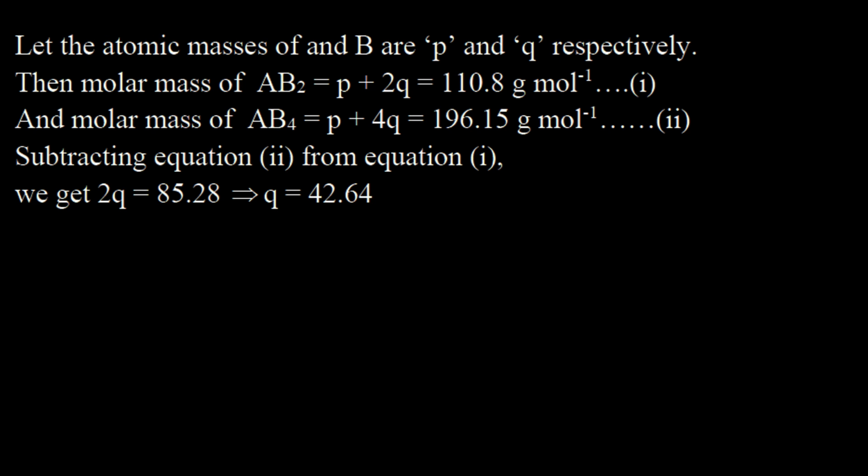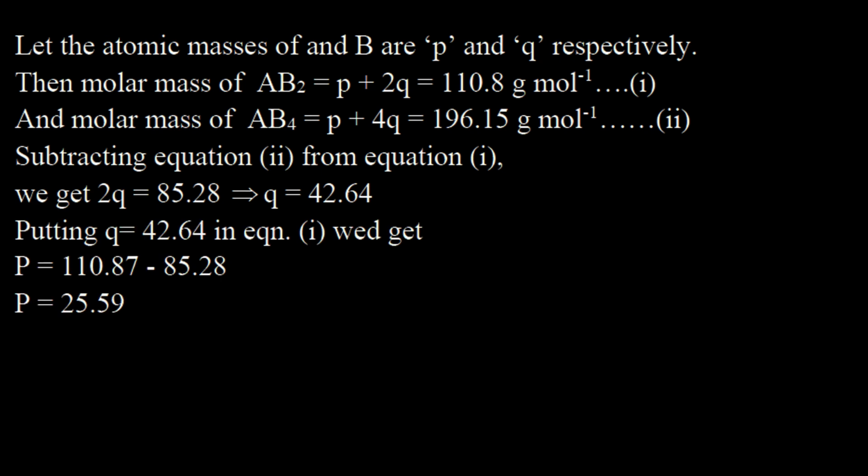From that value we get Q is equal to 42.64. Putting the value of Q as 42.64 in equation 1, we have to get the P value also. So P is equal to 110.87 minus 85.28, or P is equal to 25.59.